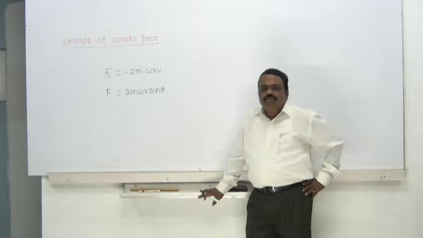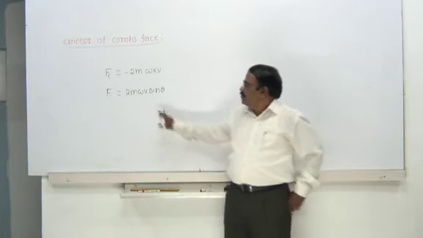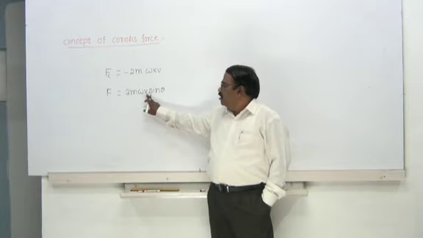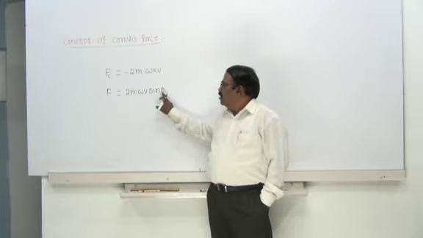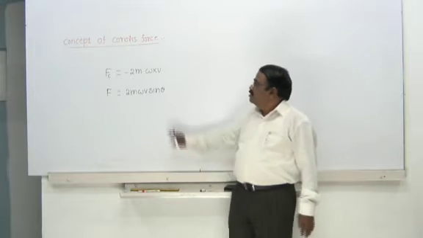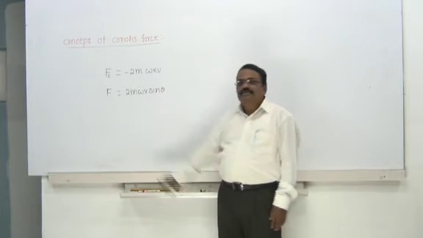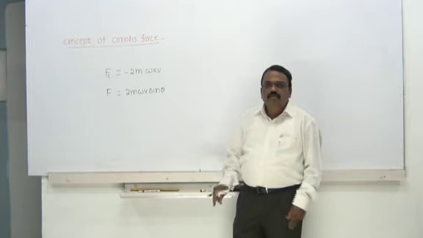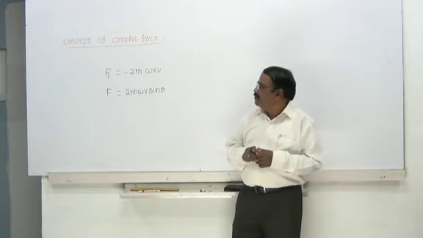The magnitude of Coriolis force depends on omega, V and theta. What is that theta? Theta is the angle between these two vectors, the angle between omega and V.